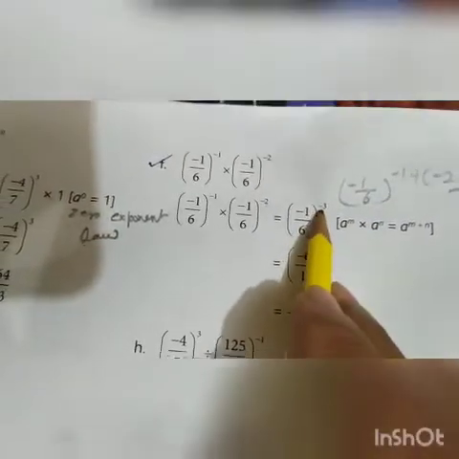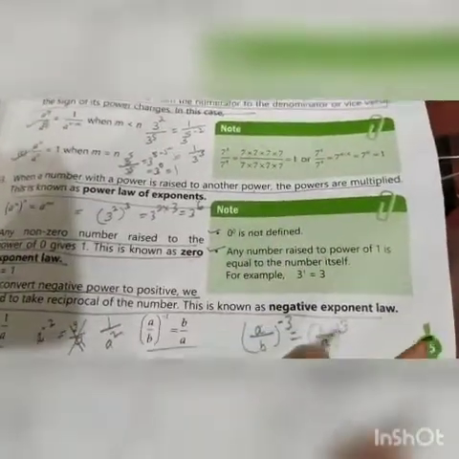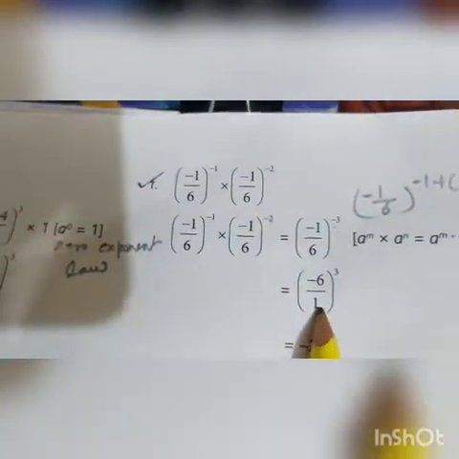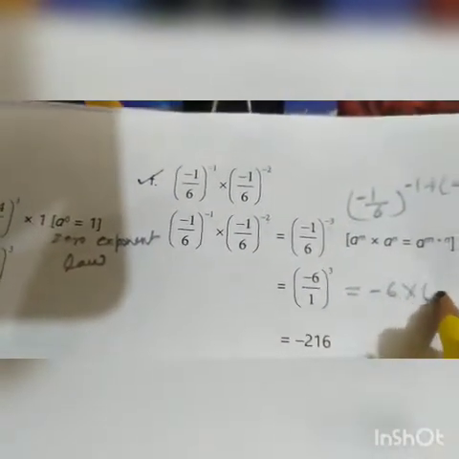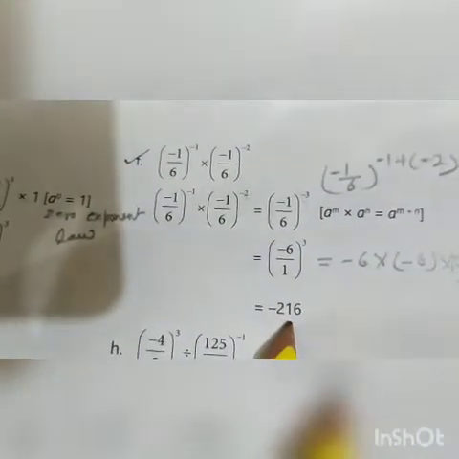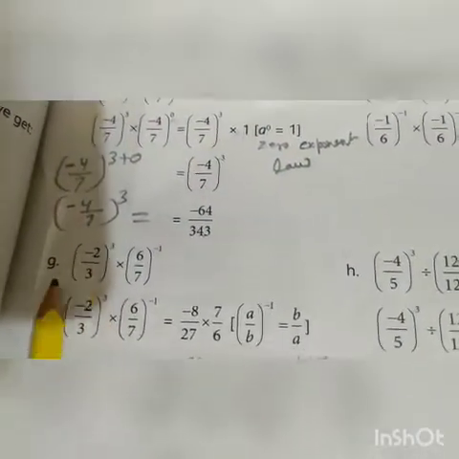Then again we will use the same law, law number 5, as here. So it will become (-6/1)^3, or we will multiply -6 by -6, 3 times. It will become -216.